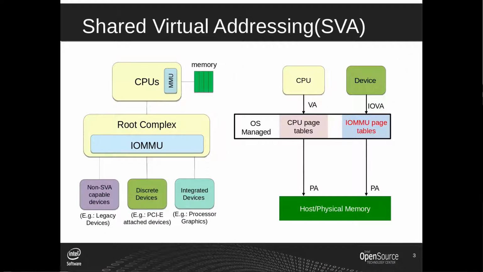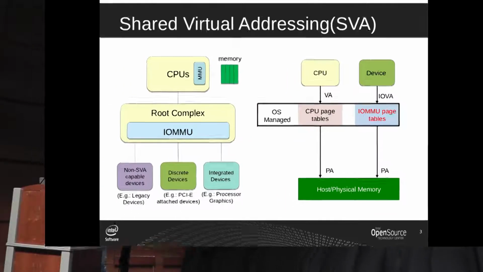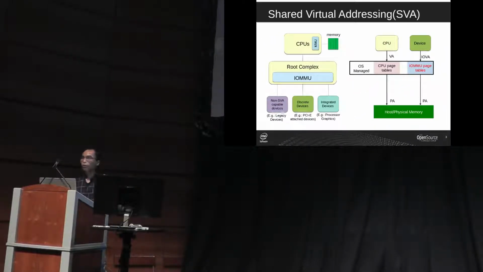So what is shared virtual addressing? Previously it was called shared virtual memory, but to avoid conceptual confusion with secure virtual machine, we use shared virtual addressing in our community discussion.